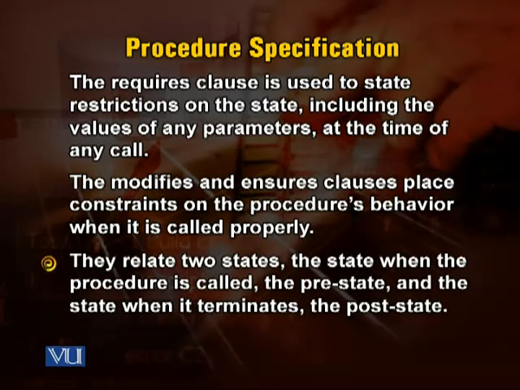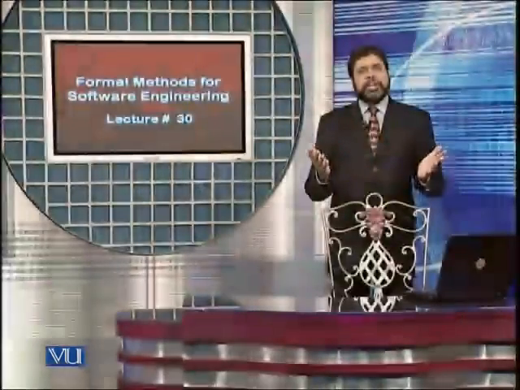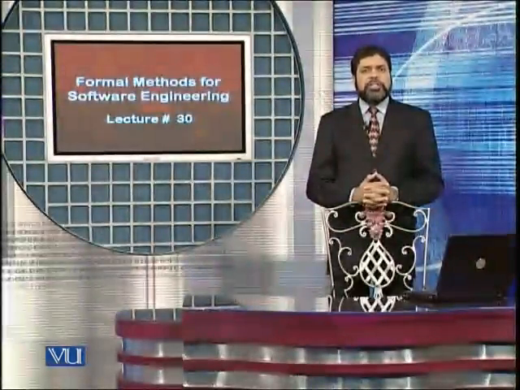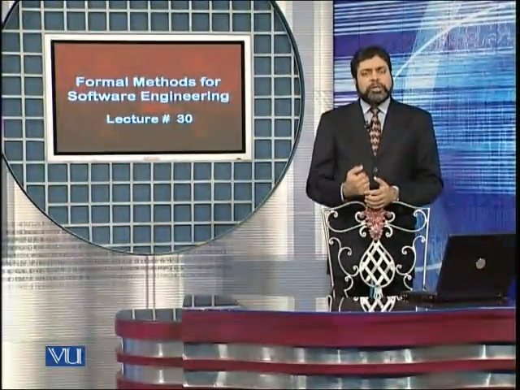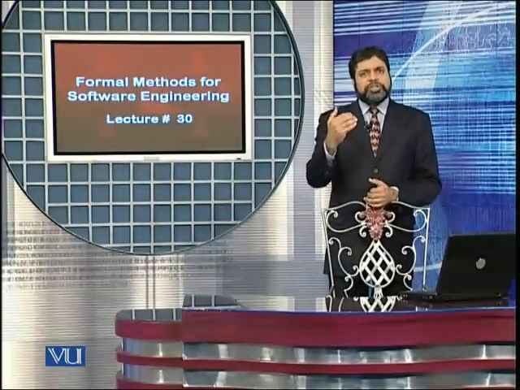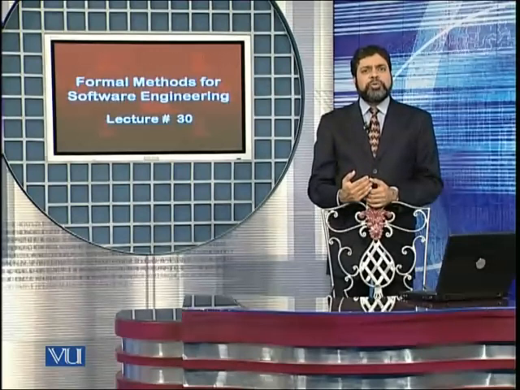They relate to states: the state when the procedure is called, the pre-state, and the state when it terminates, the post-state. So what we have been calling pre-condition and post-condition, here they call pre-state and post-state. So what is it that you start with, what is it that you get at the end.